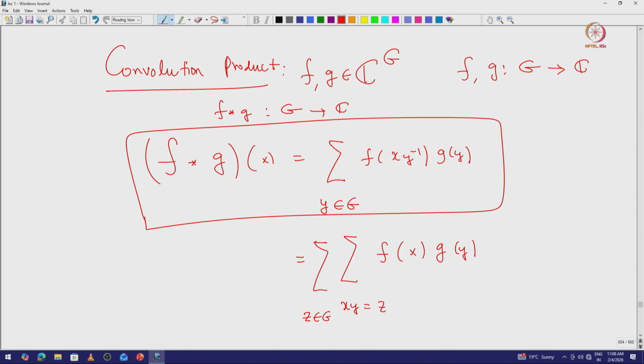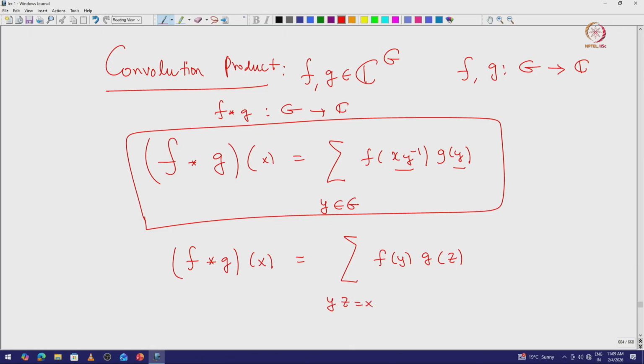Because the z is fixed. We want to rewrite this as follows: f star g of x is equal to the sum of f of y times g of z such that y z equals x, where y and z come from G. This is another way to write this. Similarly, this can also be written as follows.